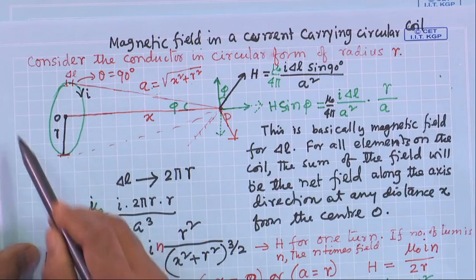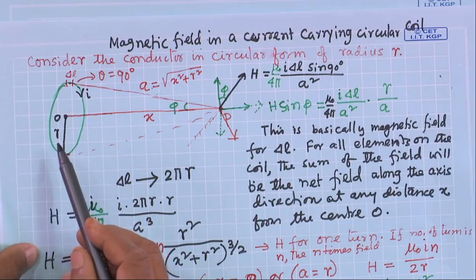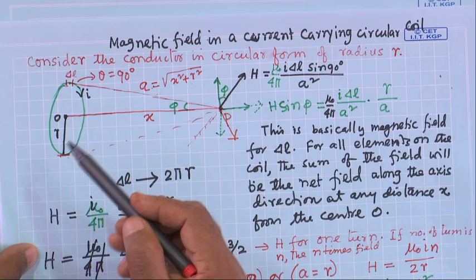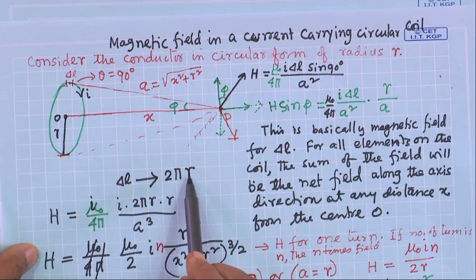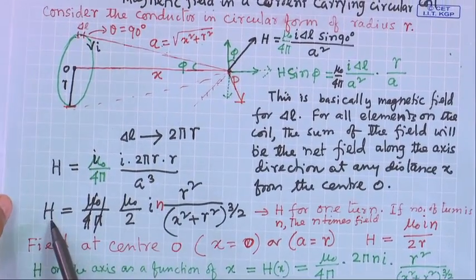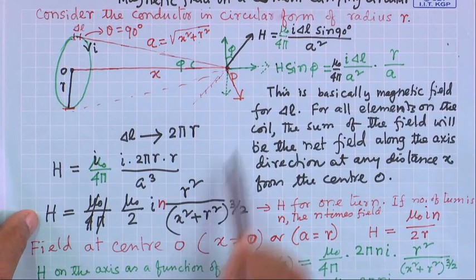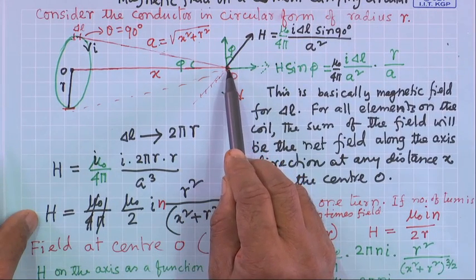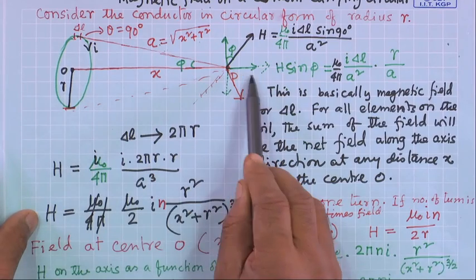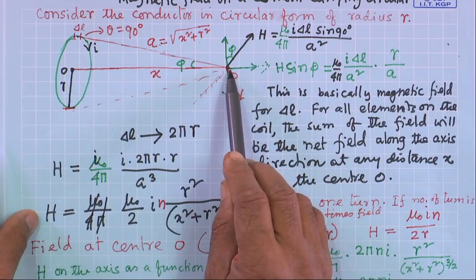Okay. If it has n turns, the length of this wire will be 2 pi r n. So, if the number of turns is n, we have to multiply with the number of turns n. Okay. So, that is the magnetic field H at point P on the axis of this circular coil, at distance x.